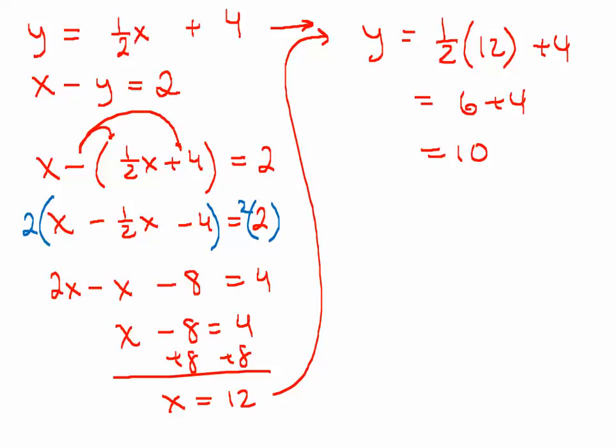You can't just say 12 comma 10, because there are no x's and y's in our original problem, so it has to be an English sentence. In this case, we could say the numbers are 12 and 10.